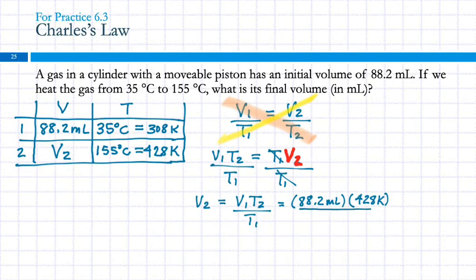And then this is divided by temperature 1, which is 308 Kelvin. The Kelvin units cancel out, and I'm going to be left with a unit of milliliters. I use my calculator, 88.2 times 428 divided by 308.